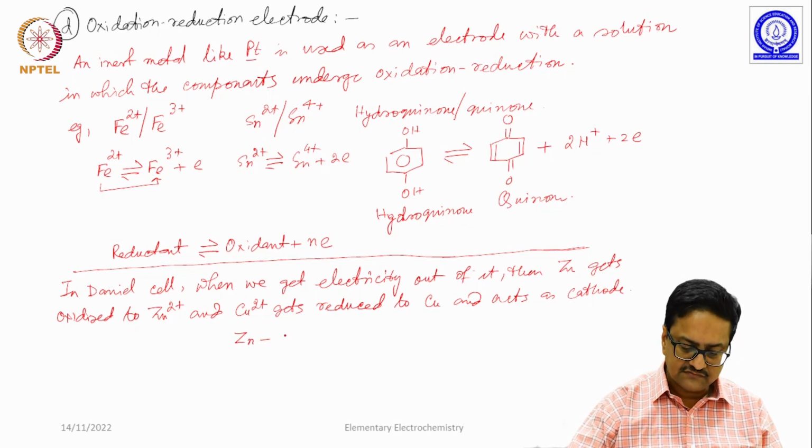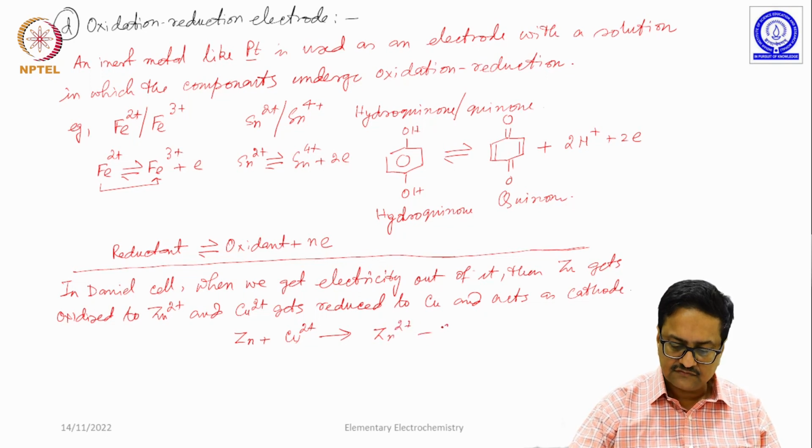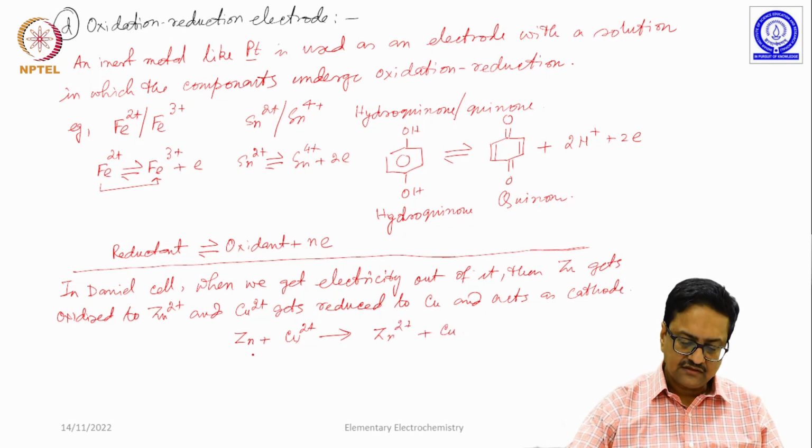So this cell reaction is written as Zn plus Cu2 plus giving you Zn2 plus plus Cu. So here this is oxidation, this is reduction.